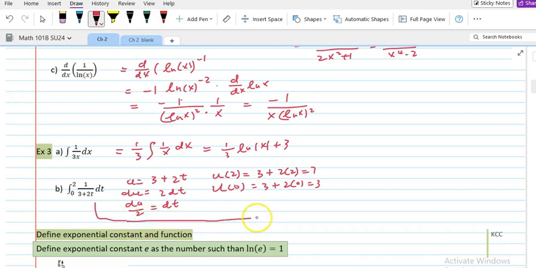So this whole thing I'm going to do at the bottom.